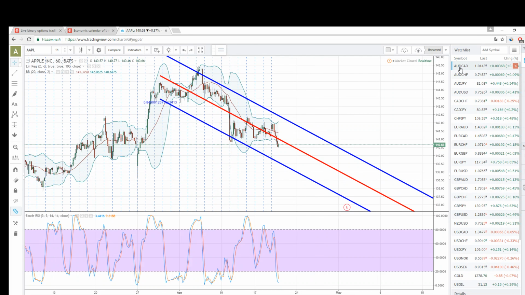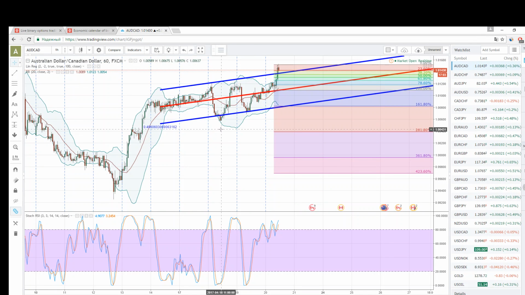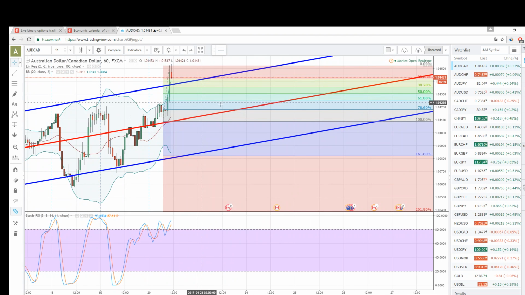If the currency market is influenced by many factors, for stocks it's really simple.